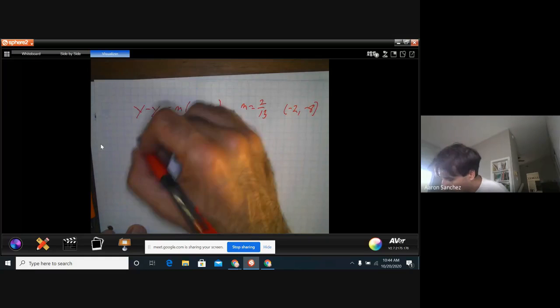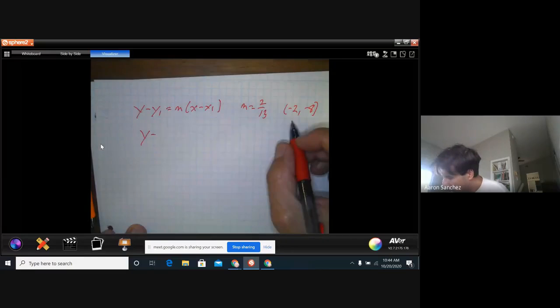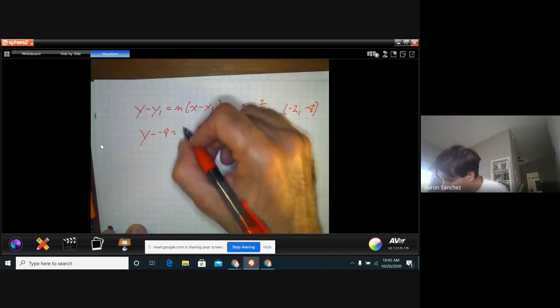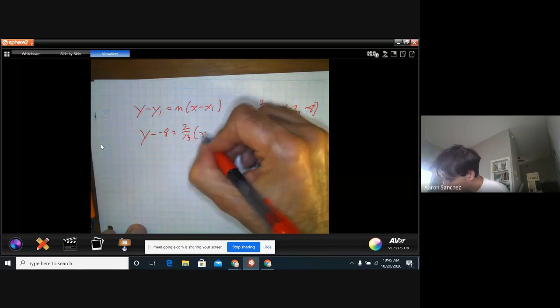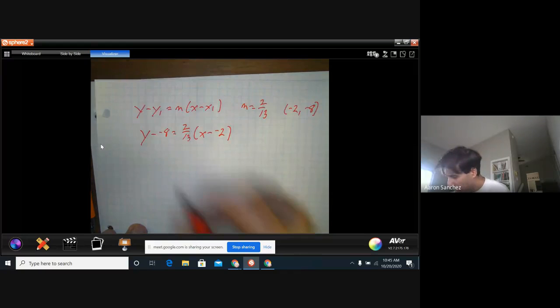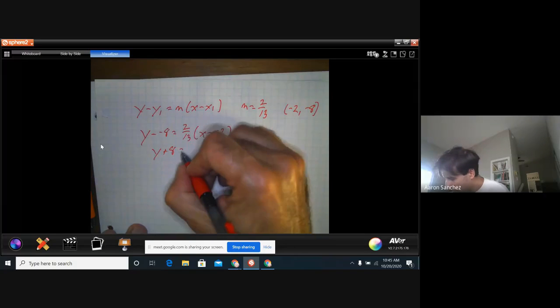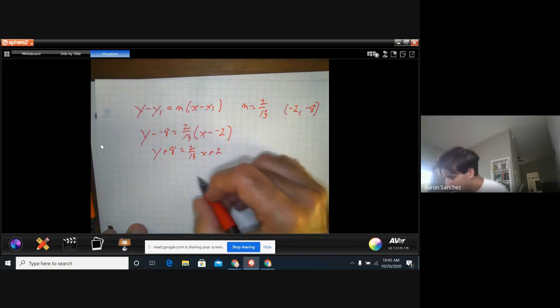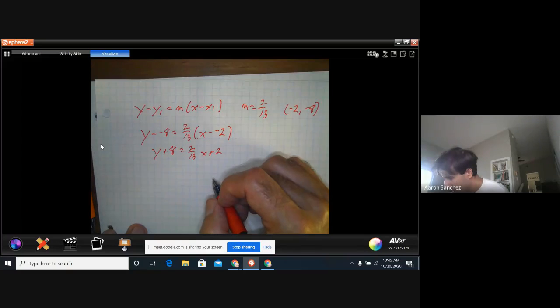So we go y minus -8 equals 2 over 13, x minus -2, and we just solve it. y plus 8 equals 2 over 13, x plus 2. Oh, I forgot the parentheses.